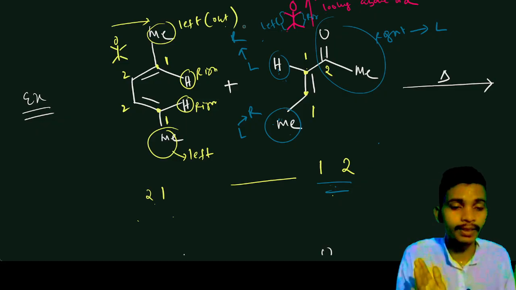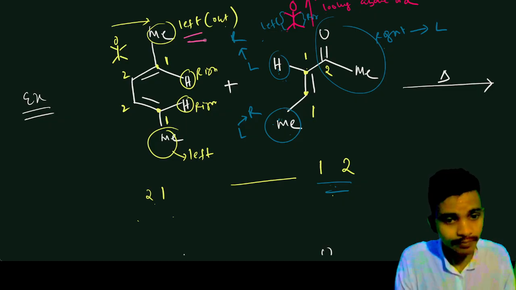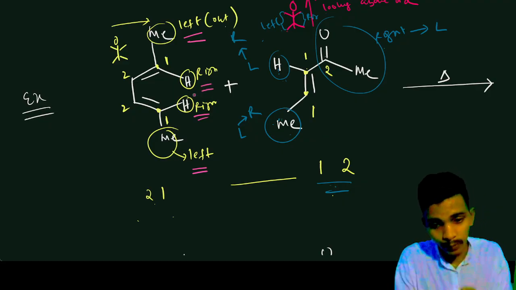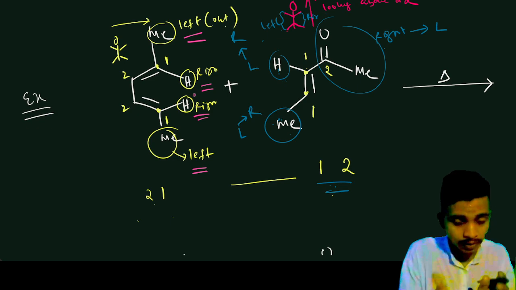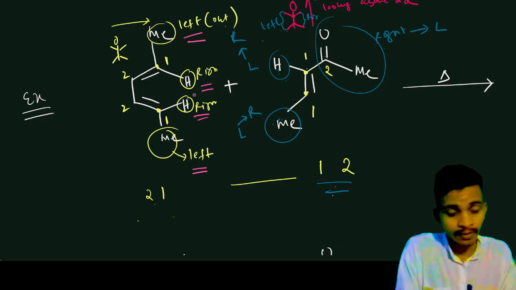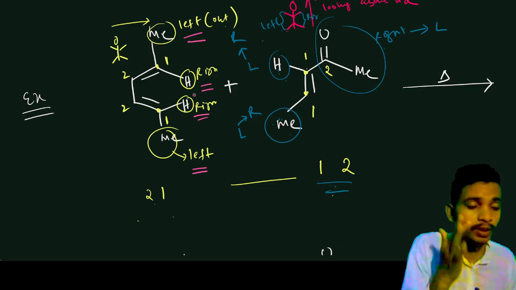Why is left and right important? Because here also we have the left, and here also the right. We know that if one left we put as wedge, then all left we have to put in the wedge. And if one right we put as dash, then all right we have to put in the dash.